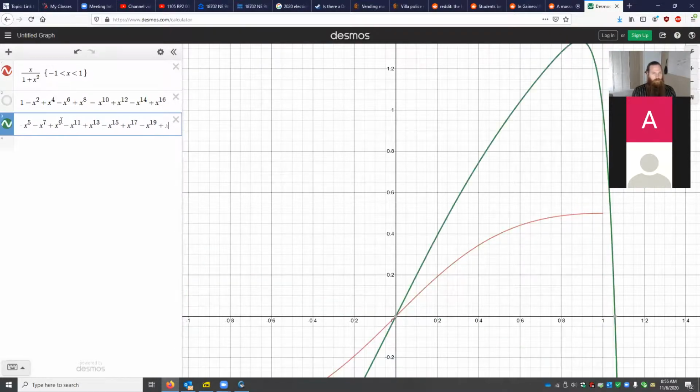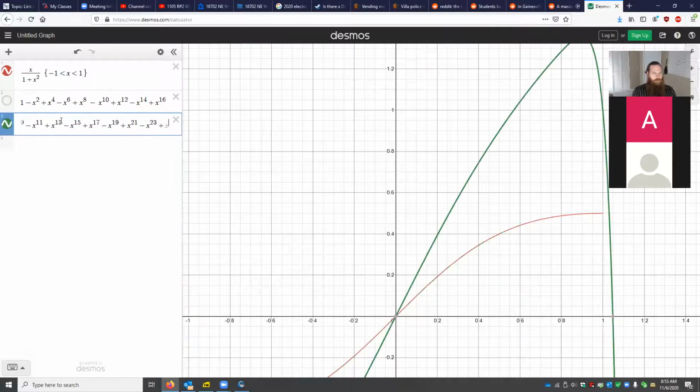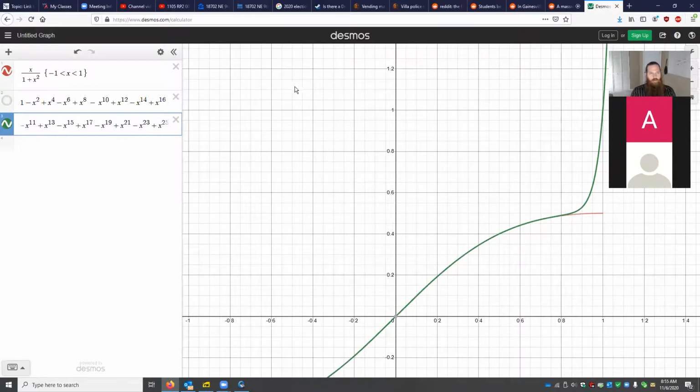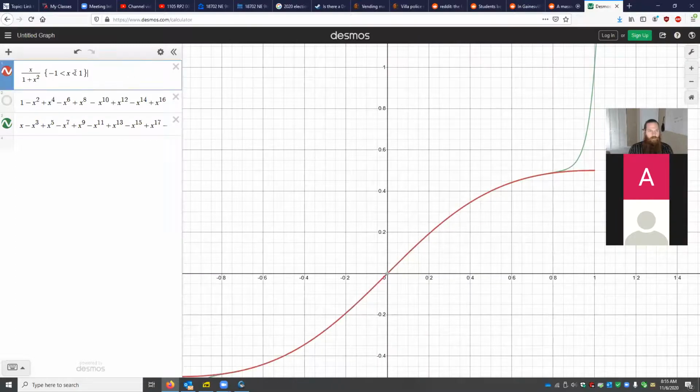Let's go out similarly far. Same game. The interval of convergence for this one is also -1 to 1.